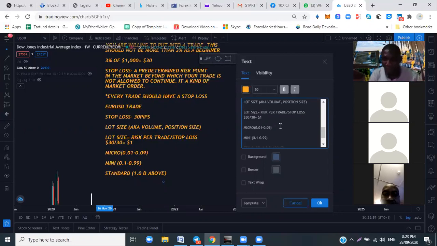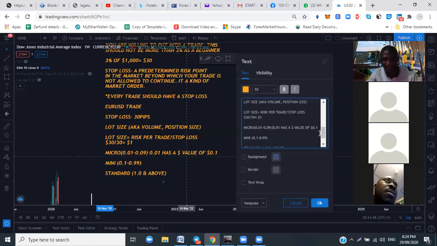For a micro lot, 0.01 has a dollar value of $0.1, which is 10 cents. Yeah, let's do it like that so you can see, which is 10 cents.